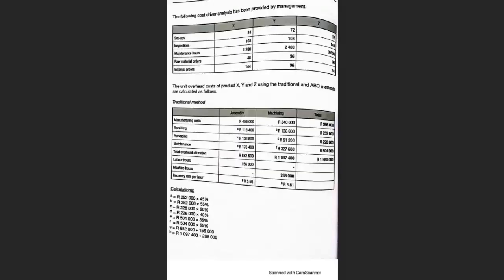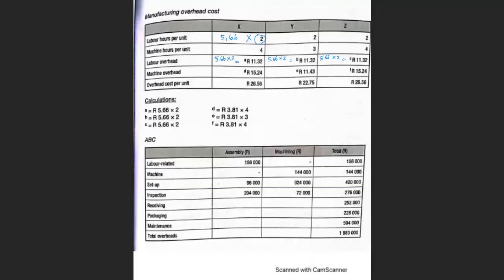That's your labor. Then your machine hours, we had determined that it costs 3 Rand 81 for 1 machine hour. So on the next page, if 1 hour costs 3 Rand 81, then for X, we need 4 hours, so it's times 4 here.